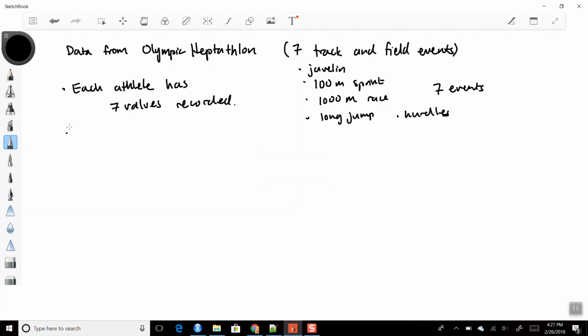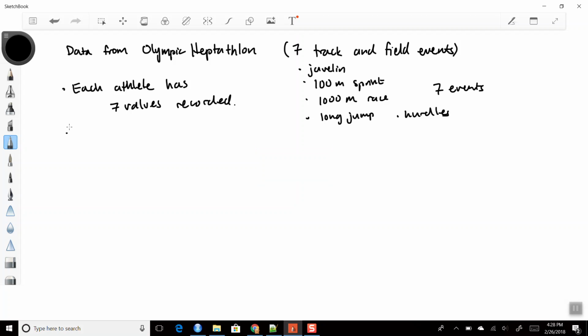But this isn't 7 different events. This is one Olympic thing. We have separate events, but at the end there's going to be a gold medal winner for heptathlon. And there has to be some kind of ranking system that combines all 7 values into one dimension that says this was the best performer and this was the worst performer.